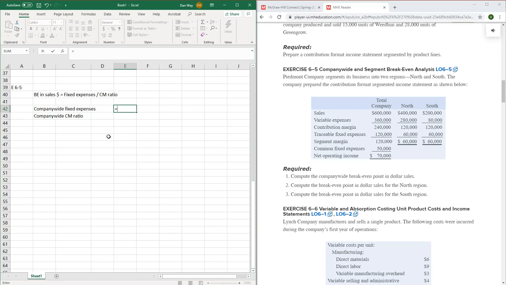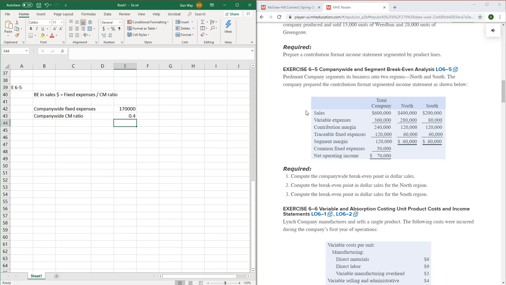Company-wide fixed expenses are going to be all of the company's traceable fixed expenses from its individual segments. So in this case, 120,000 right here, plus those common fixed expenses, in this case, 50,000. So 170,000 total fixed expenses to cover. Now the CM ratio would be the company-wide contribution margin, 240,000, divided by company-wide sales, or 600,000 in this case.